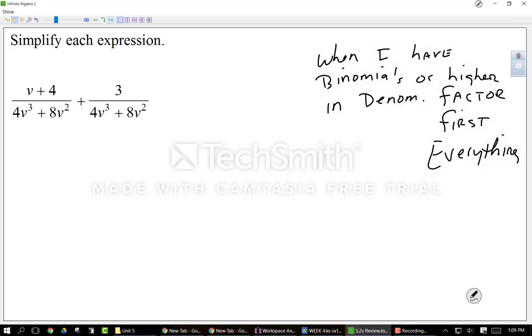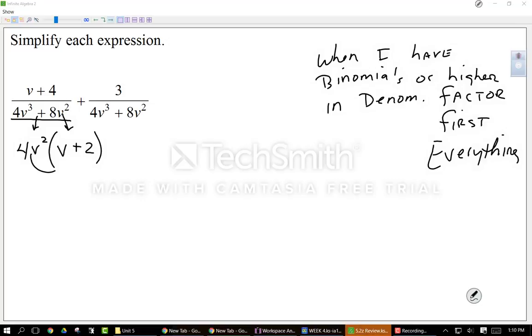So if I look at my denominators, again, I can tell that they're both the same. But factor. What do they have in common? Well, they both contain a 4, and they both have v squared in them. What is left? V plus 2. This binomial factored to a monomial and a binomial. Okay?